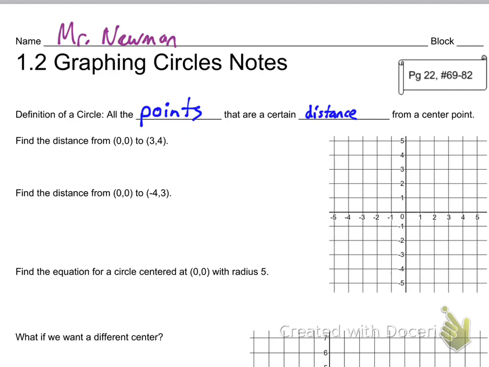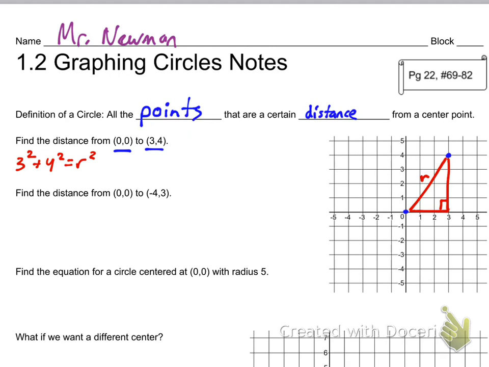So let's practice finding the distance. Let's find the distance from 0 to 3, 4. There are some teachers that show you guys this distance formula out there. I don't really believe in the distance formula, or rather I think it's too much to memorize. Instead, if you just recognize that as what you're trying to find and see it on a grid, you know that you can make a right triangle out of those lines, and you can use the Pythagorean Theorem to solve what that hypotenuse is, that distance.